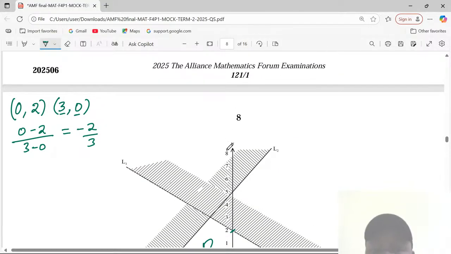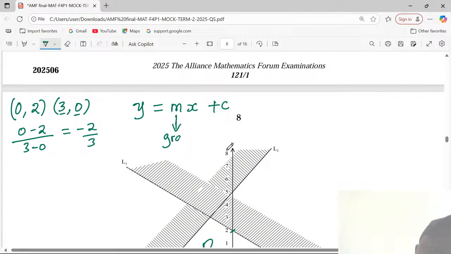Now I want to show you that, because the line is plotted, you are not supposed to struggle to calculate the line. Remember the general equation of a straight line, y equals mx plus c. In this general expression, the value before x is the gradient, and the constant is the y-intercept.